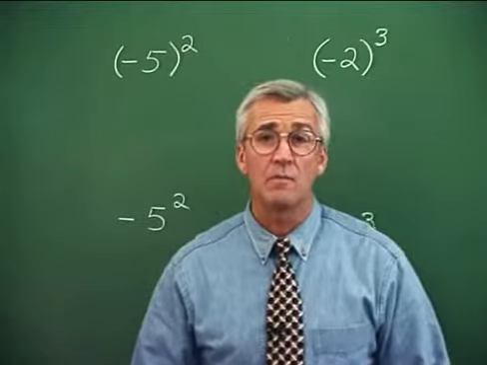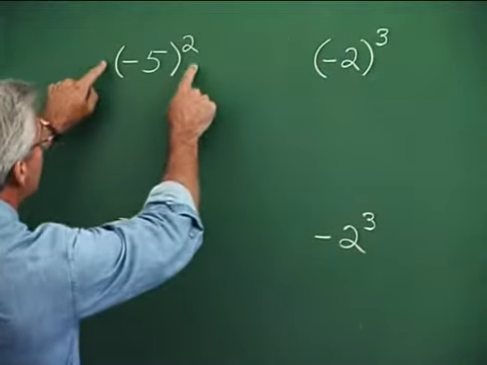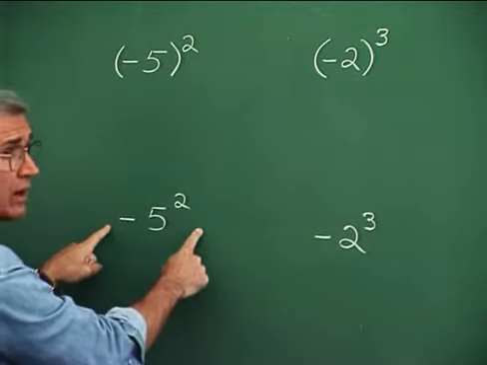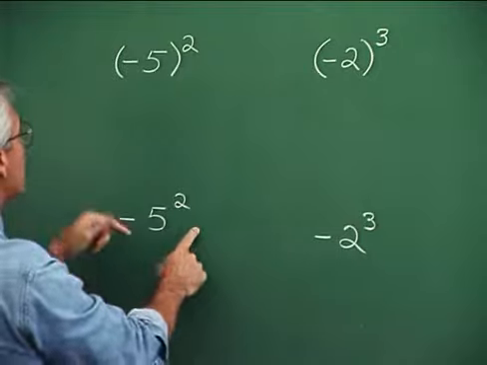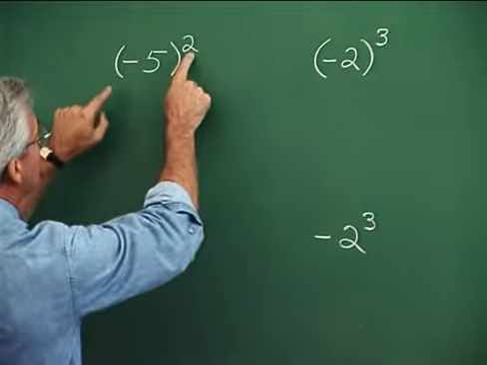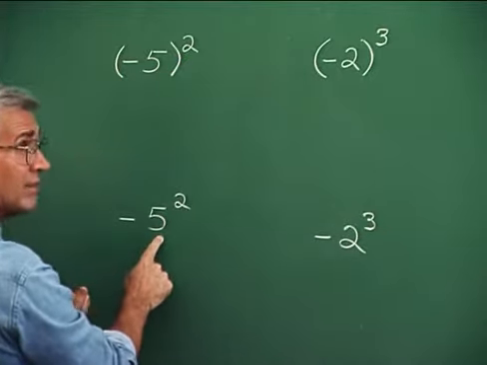One of the most commonly made errors involving exponents is this one. Look at negative 5 squared written like this with parentheses, and negative 5 squared written like this without the parentheses. These mean two entirely different things. The base of this exponent is negative 5, and the base of this exponent is only the 5.